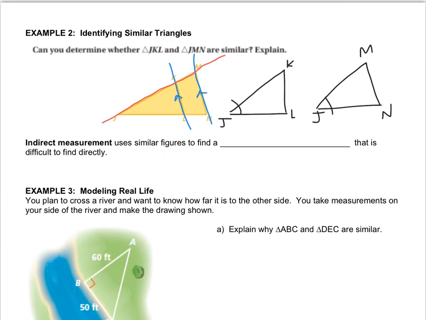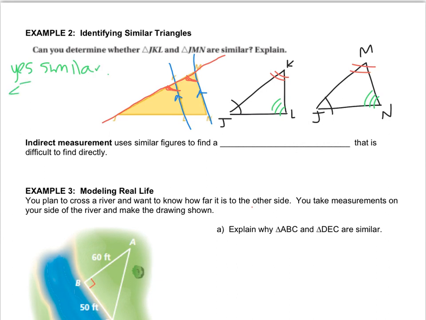We have that this angle K is congruent to this angle M. And for the same reason, we have that angle L would be congruent to angle N. But all we need to create similar triangles are two angles that are congruent. So since we figured out, based on parallel lines, that we do have congruent angles, then we can say that they're similar. So our reason is, yes, they're similar.